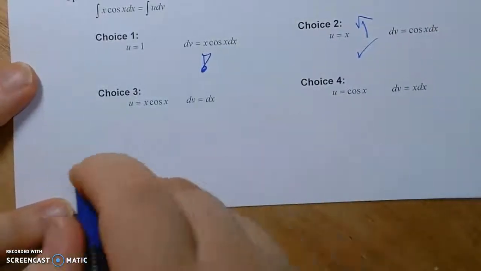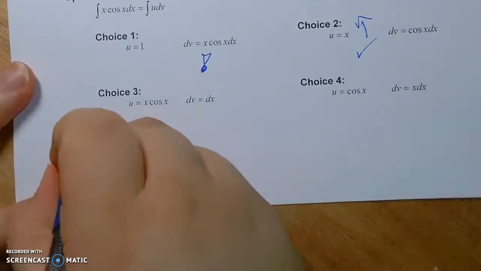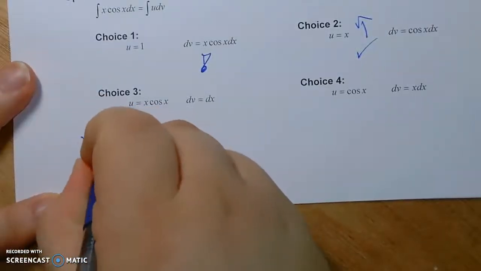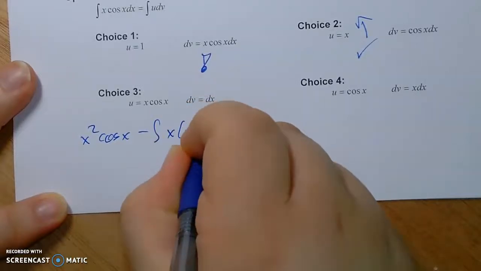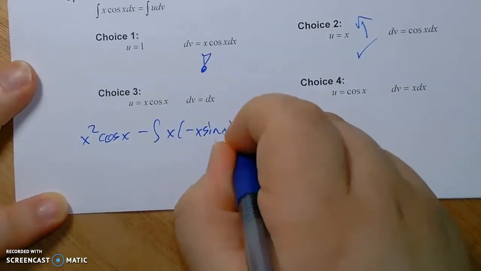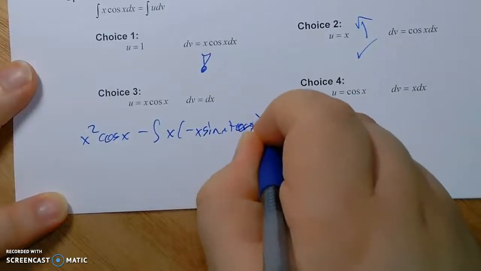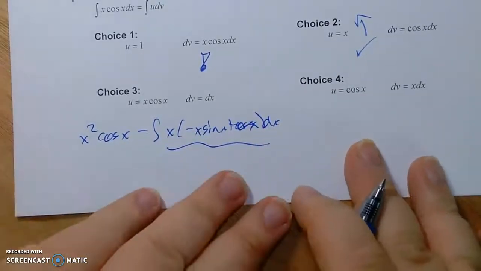If we do this after applying the integration by parts, we would get x squared cosine x minus the integral of x times negative x sine x plus cosine x dx, which is way more complicated than what we started with.